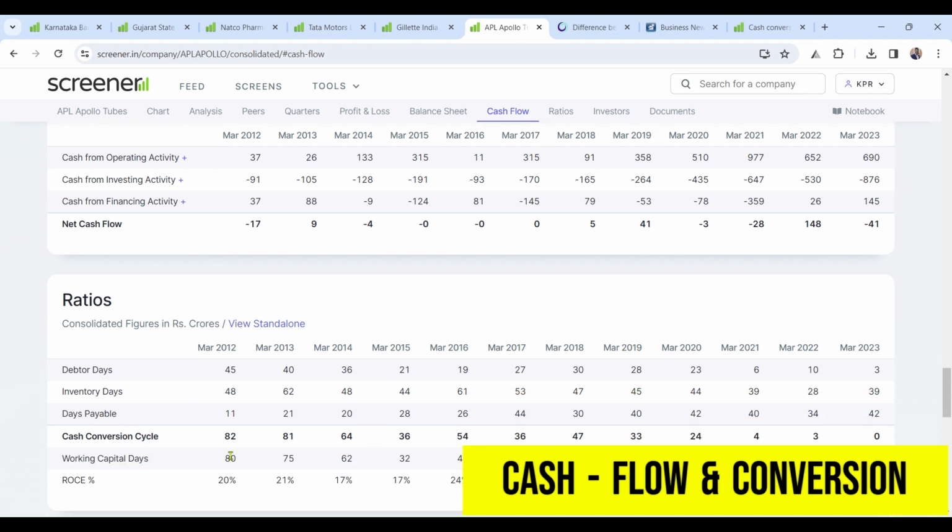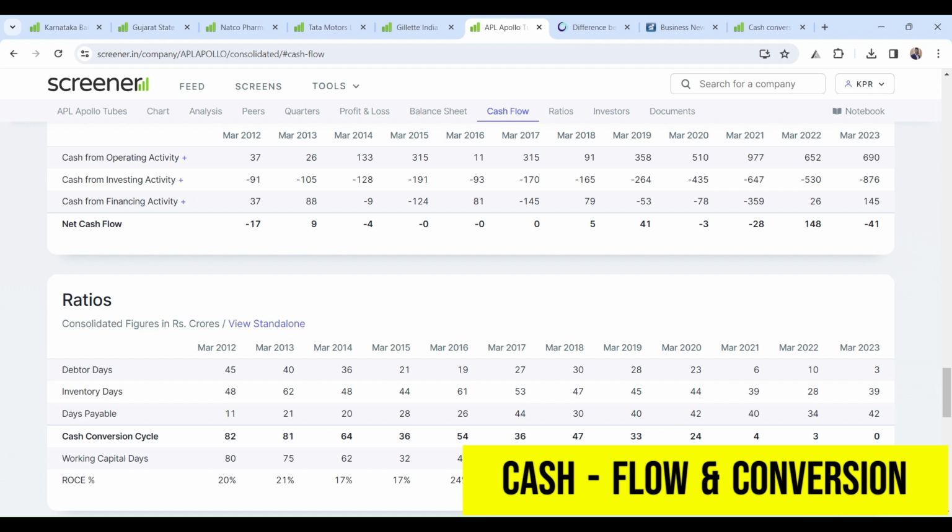So what exactly does the cash conversion cycle mean? You have the inventory, the products in your factory, and at some point you have to sell that in the market and generate cash out of that product. The number of days it takes for you to convert the product into cash is called the cash conversion cycle.